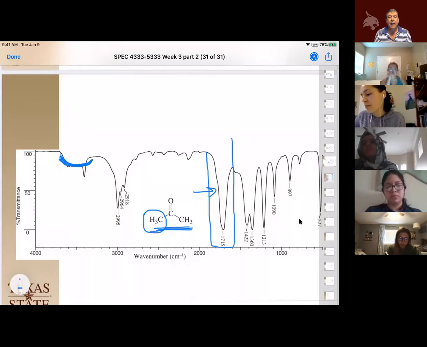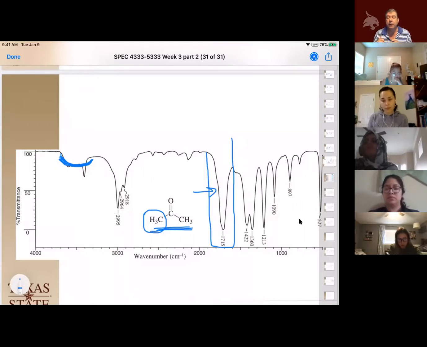But how can we hone in on this a little bit more to tell us what we should think about first? It turns out that the carbonyl peak changes because of the electronic conditions around it. As you change the groups attached to that carbonyl, you'll actually see that carbonyl shift.